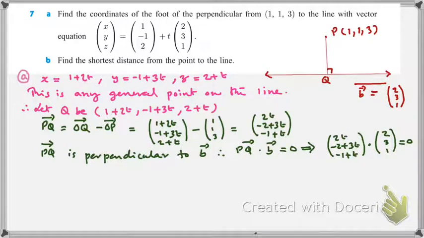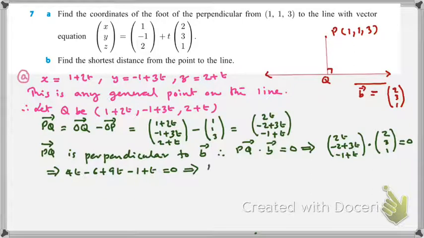Now to take the dot product, we multiply the i coefficients together. So 2t into 2 is 4t. 3 into minus 2 plus 3t, when you multiply, you will get minus 6 plus 9t. And then 1 into minus 1 plus t is minus 1 plus t, equal to 0.